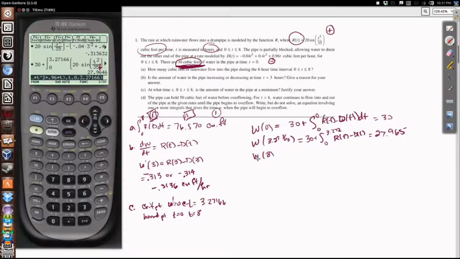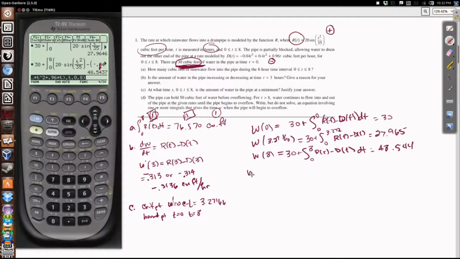And then I need to evaluate this at 8, so I'm going to take a step back and just delete this back up to an 8. And when we do that, we're going to get 30 plus the integral from 0 to 8 of r of t minus d of t dt, which is going to be 48.544.